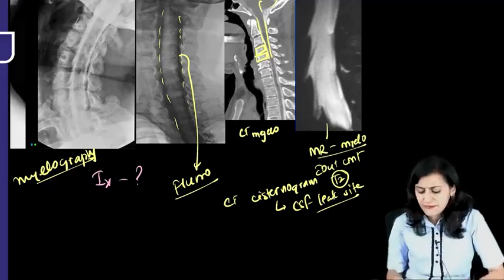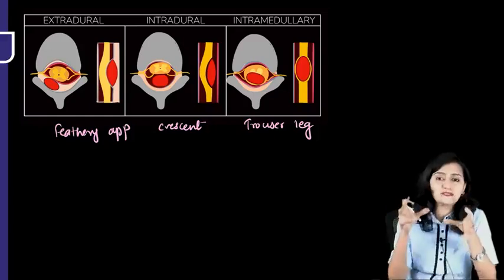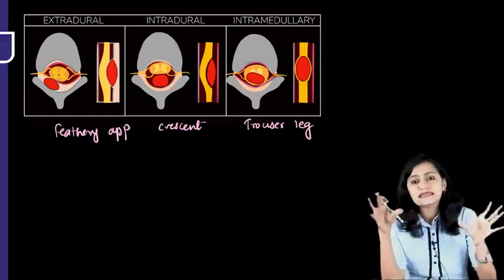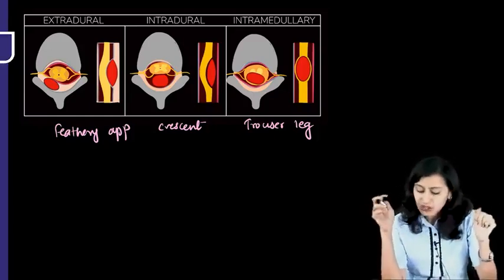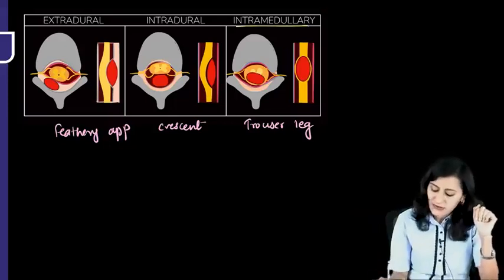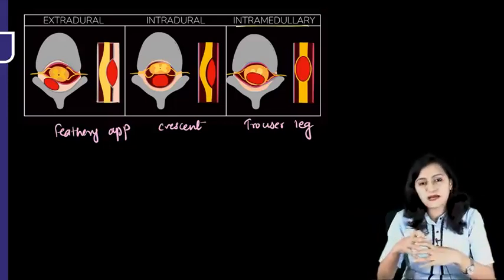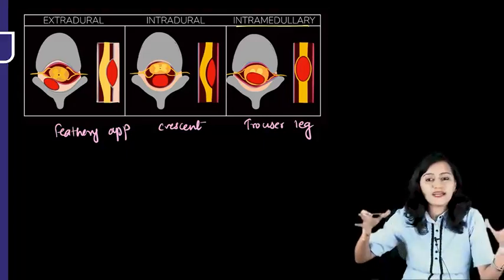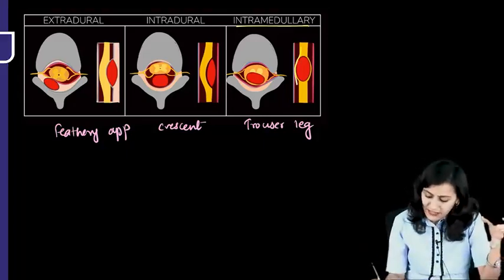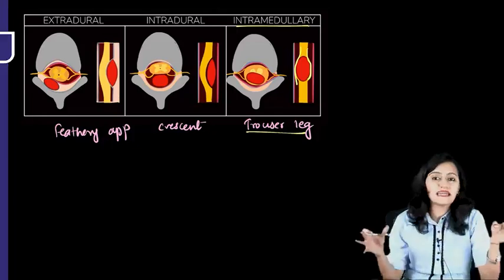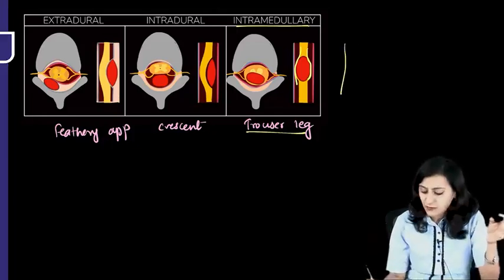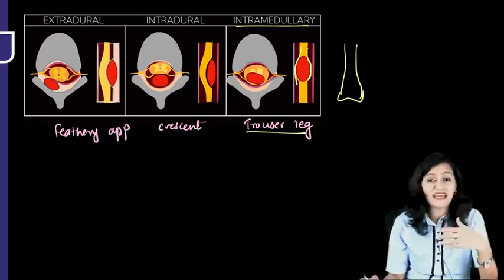Now in myelography, the various tumors, the space occupying lesions in the spine, give various appearances. So quickly telling you about that, the intramedullary tumors, that is within the spinal cord, will cause cord expansion, and they give this appearance which is called trouser leg appearance. So imagine the bell bottom flaring out, the flared jeans.